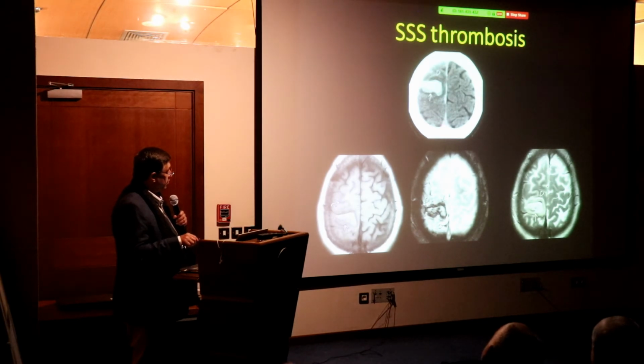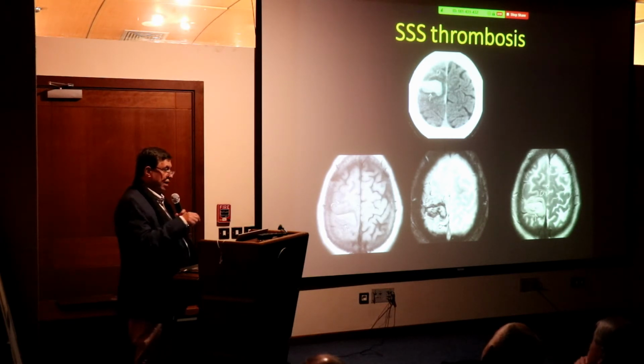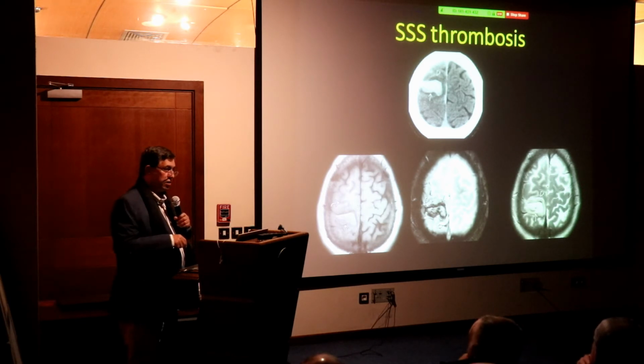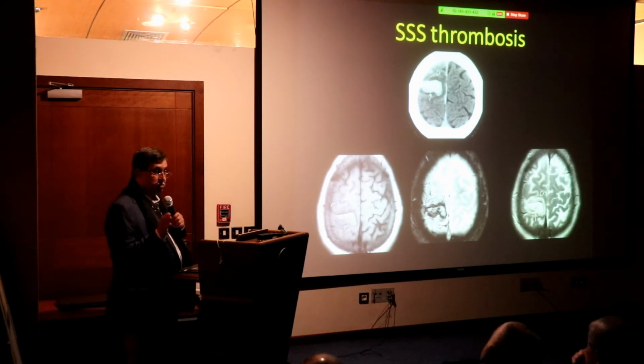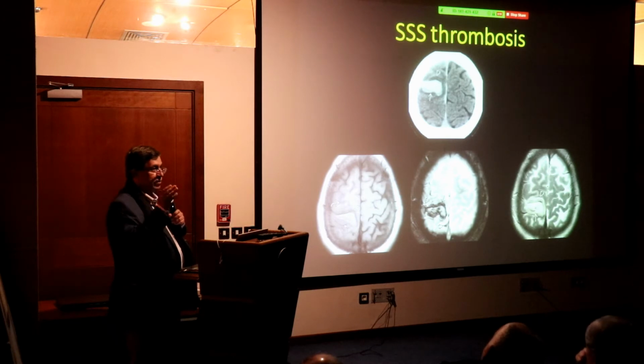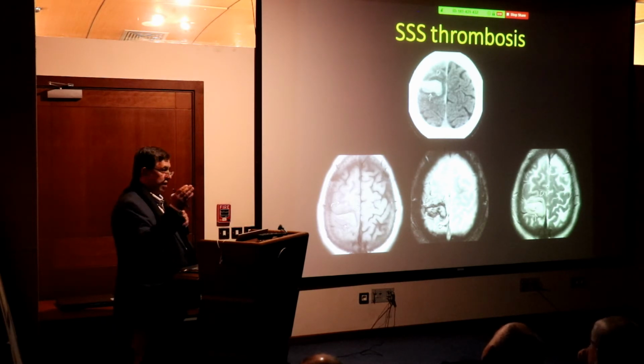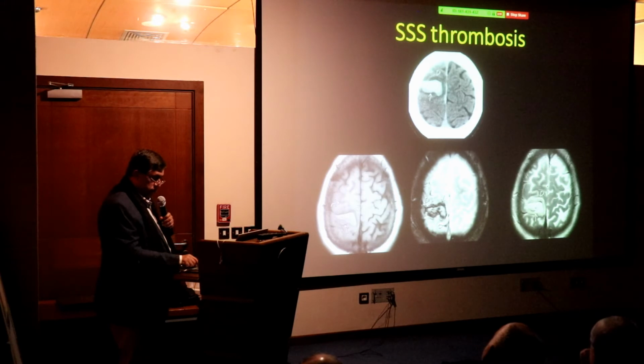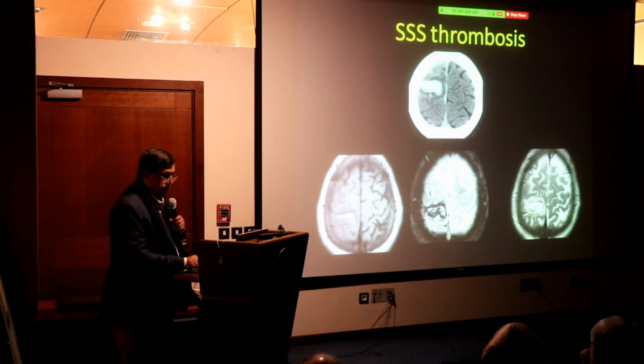Sinus thrombosis. Sagittal sinus thrombosis could present with unilateral or bilateral lesions. And again, I know of cases in Jordan that were operated as tumors, though they were just severe sagittal sinus thrombosis, simply because the neurosurgeon did not know about this. He never saw in his life a case of severe sagittal sinus thrombosis. He never consulted a neurologist.